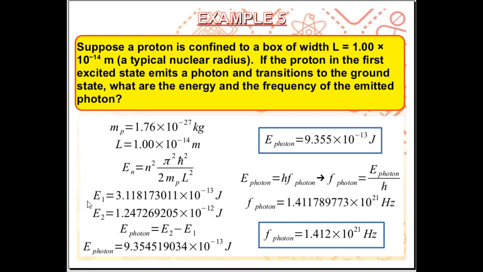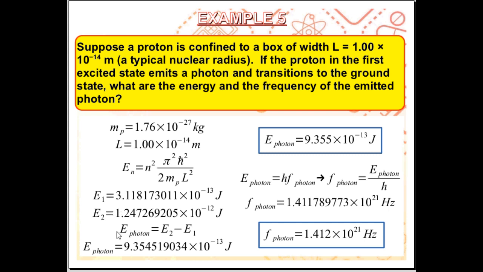So with ground state energy E1 and first excited state energy E2, the difference will be the energy of the photon. The proton goes from E2 to E1. The difference between the two energy levels will be the energy of the emitted photon.